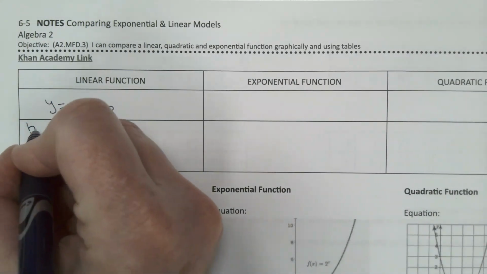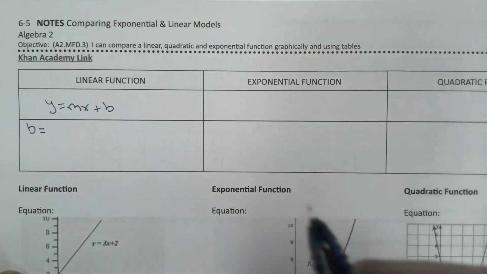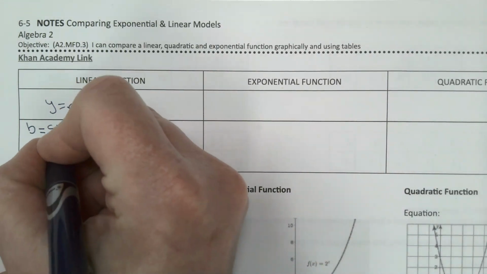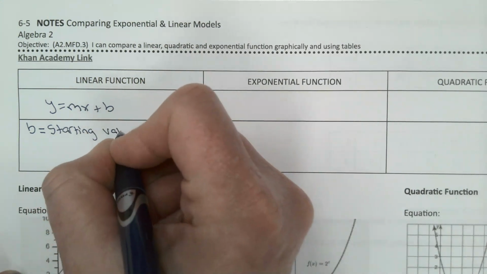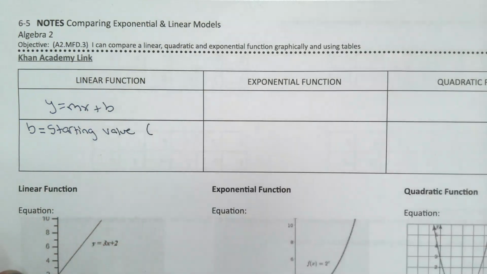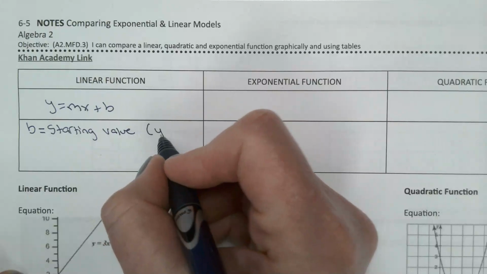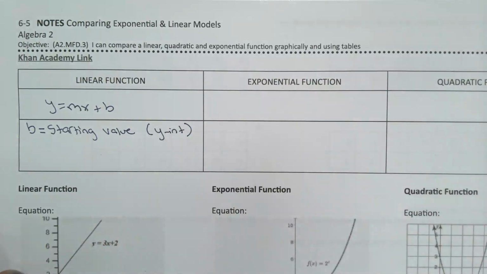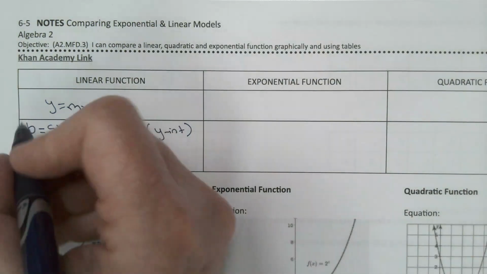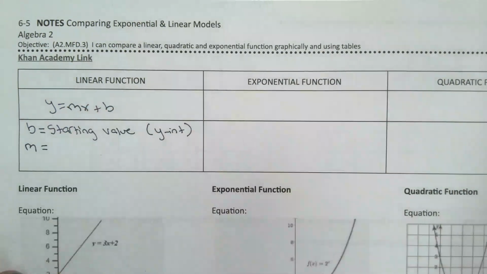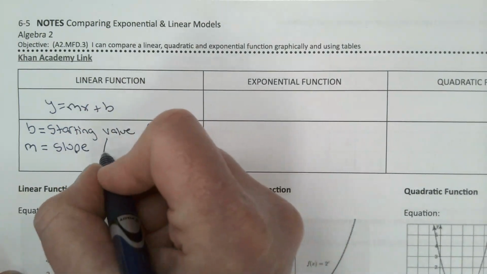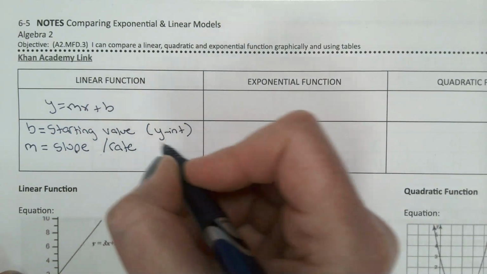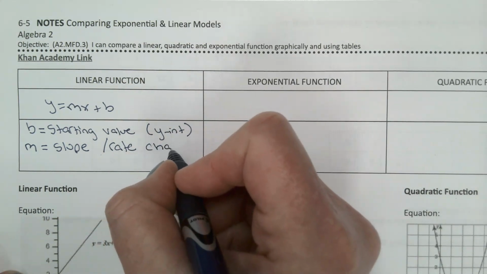The b is going to represent your starting value, and on a graph, that will show up as the y-intercept. The m is going to be your slope or your rate of change.